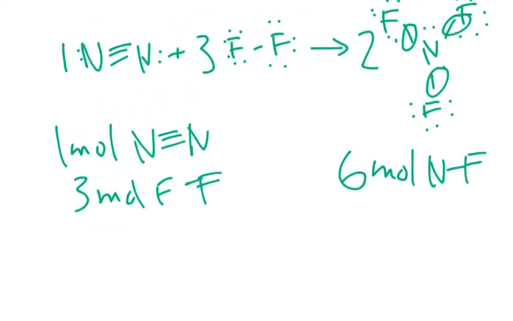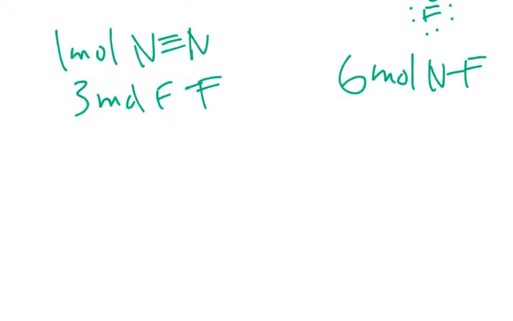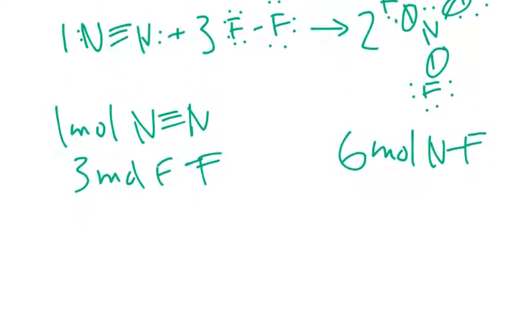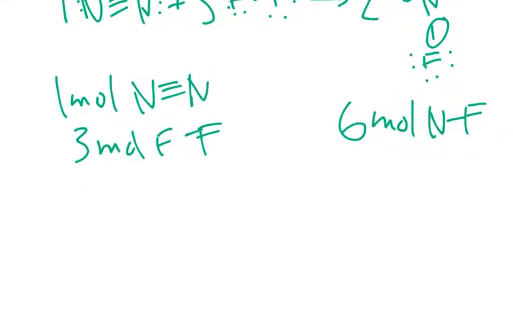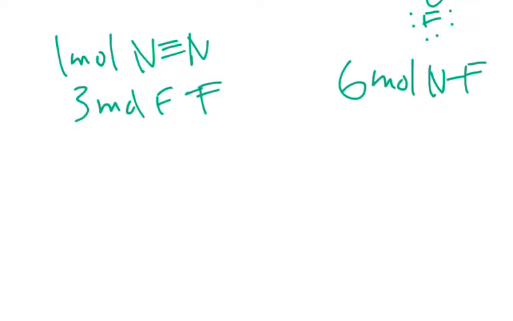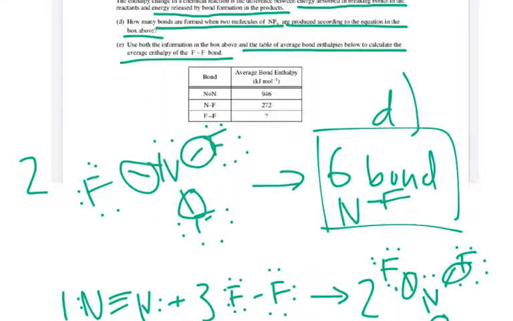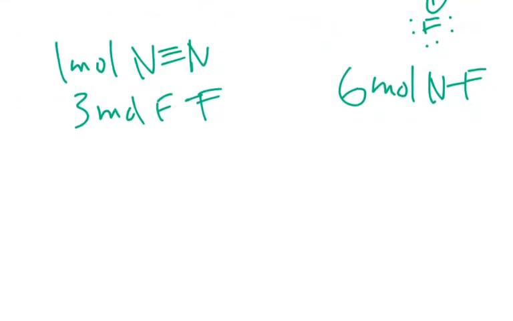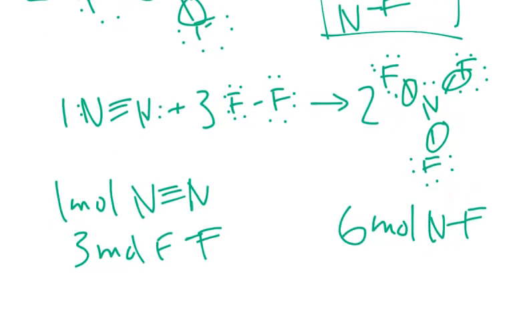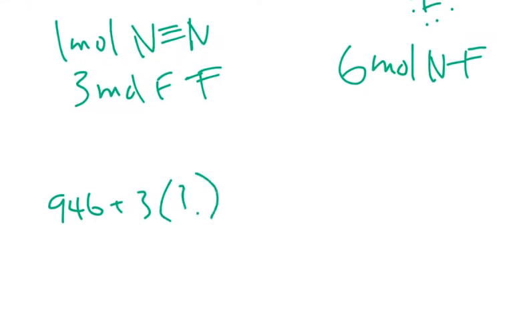Now let's do the summation for these bond enthalpies. On the reactant side, they will all be positive since we're breaking bonds, and breaking bonds takes energy. So, on the left-hand side, the bond enthalpy for NN is going to be 946, plus 3 times the FF, and that's an unknown, so we could put a question mark there.